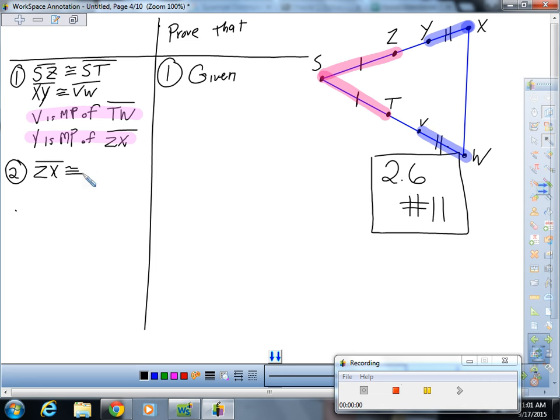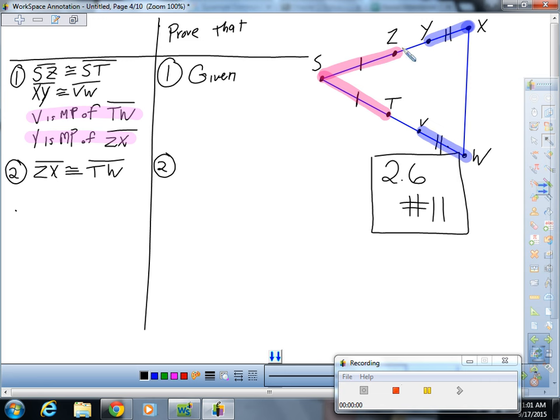is congruent to TW. All right, now let's think about why that is. If two segments are divided and are congruent to each other, then their original segments must also be congruent together.